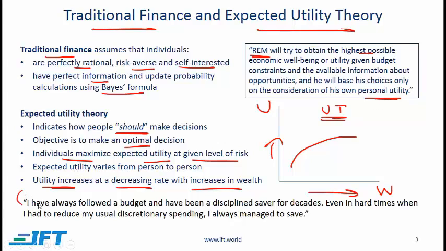Now here is a statement that indicates what a rational economic man might say. So if somebody says, I have always followed a budget and have been a disciplined saver for decades, even in hard times when I had to reduce my usual discretionary spending, I always managed to save. So this is something that a rational economic man would say.